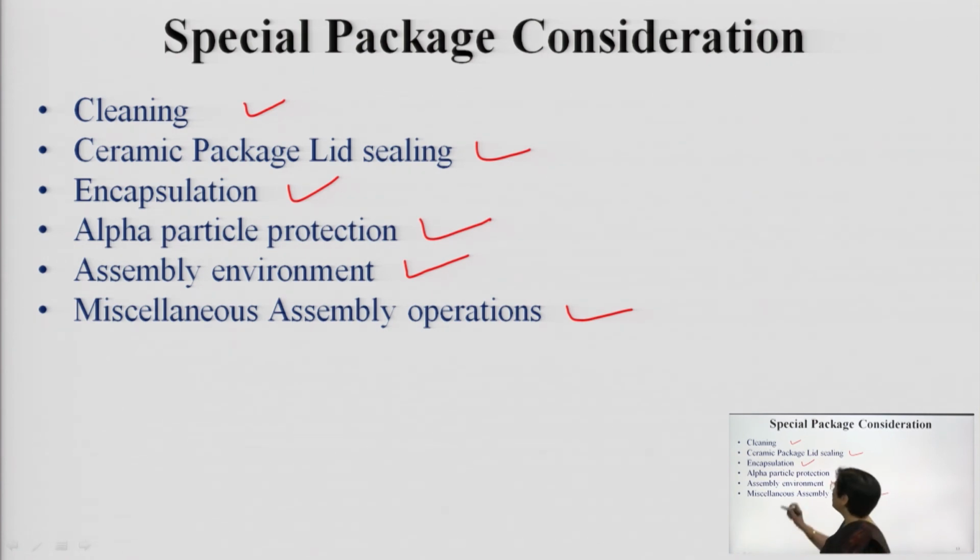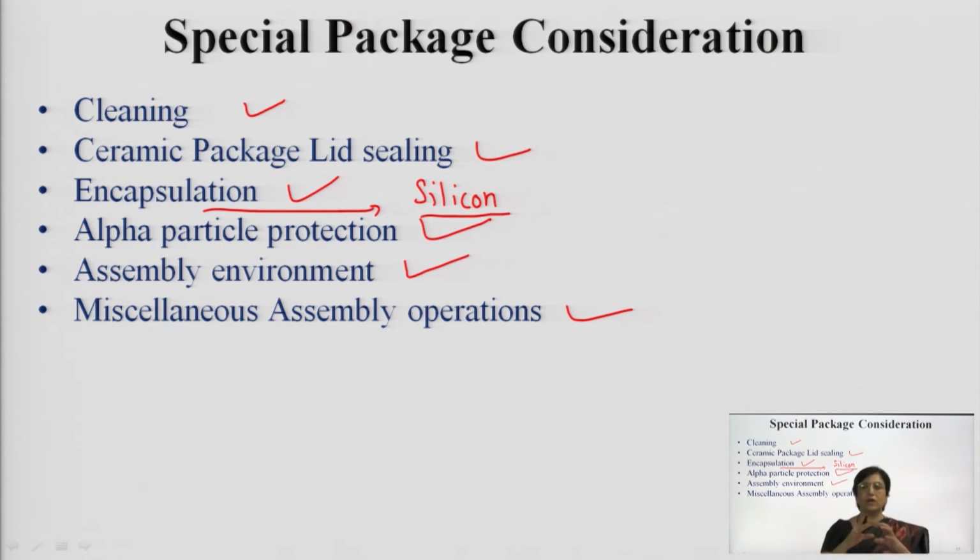Thirdly, you have something known as encapsulation, or enclosing it in silicon. Normally silicon is used for encapsulating or covering the integrated circuit, so that it is properly covered and isolated from the external environment, and there is minimum impact of the package.